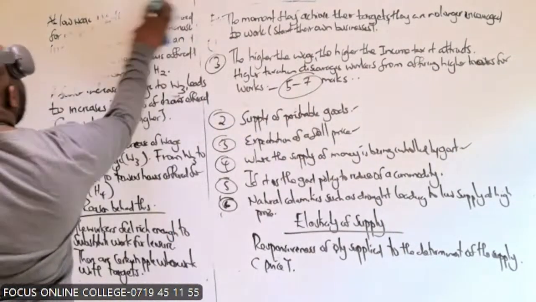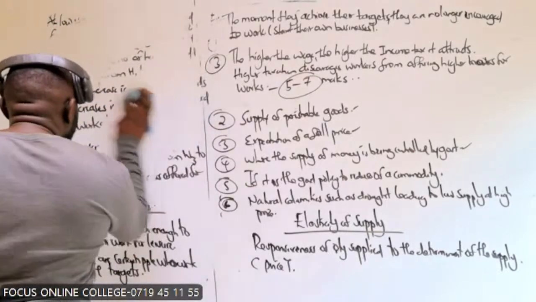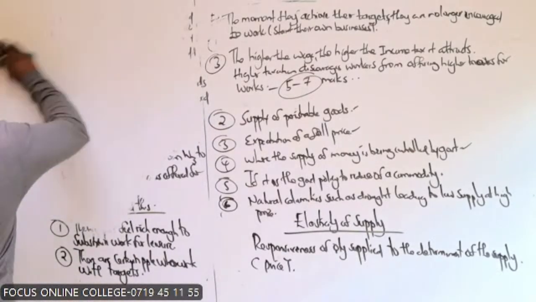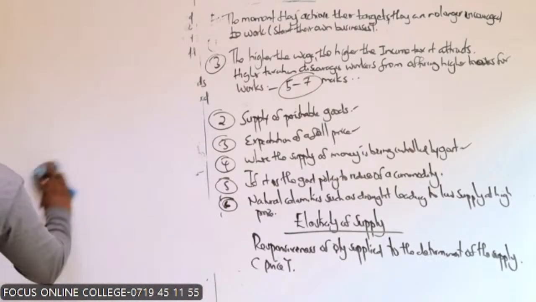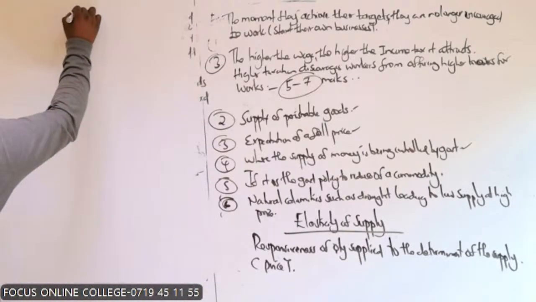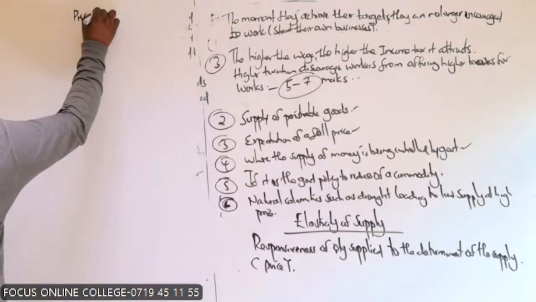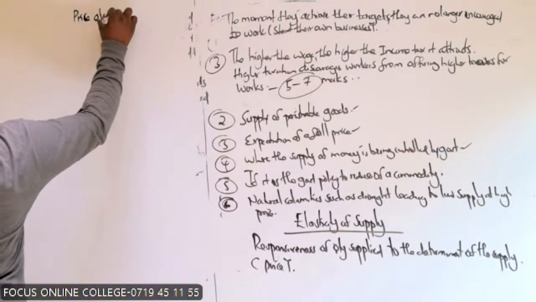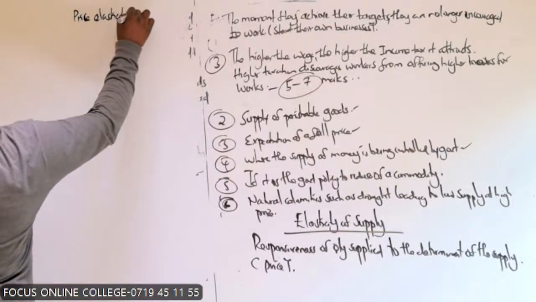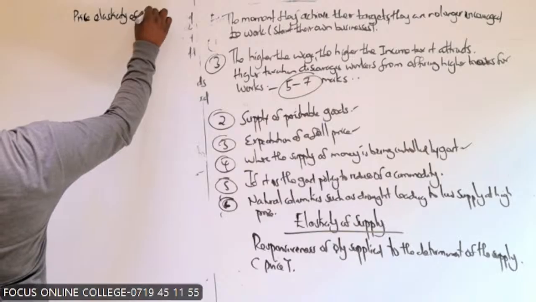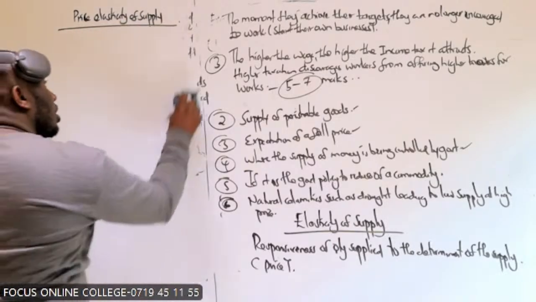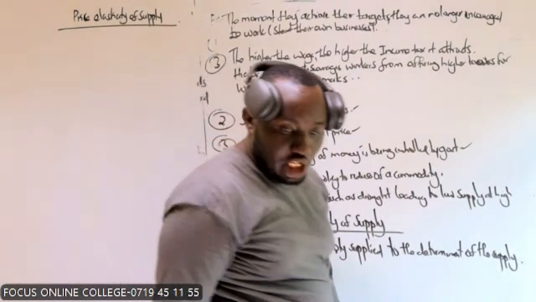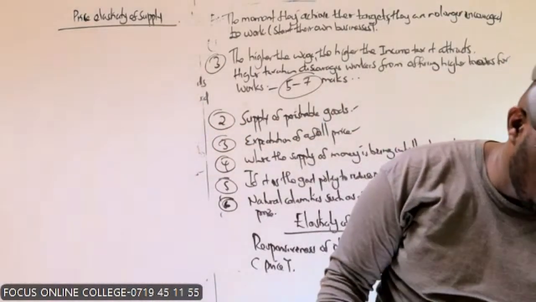So allow us to start on that determinant of price. We call it the price elasticity of supply. Sawa Charity, the price elasticity of supply.